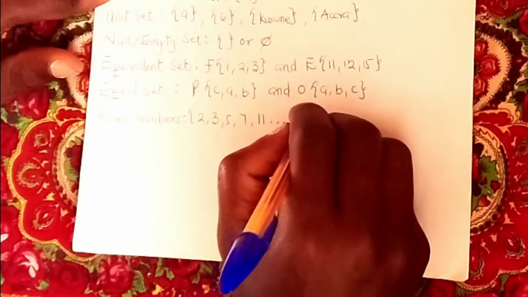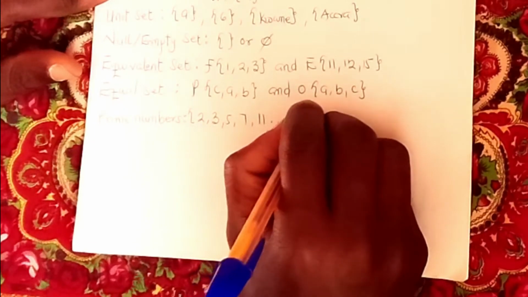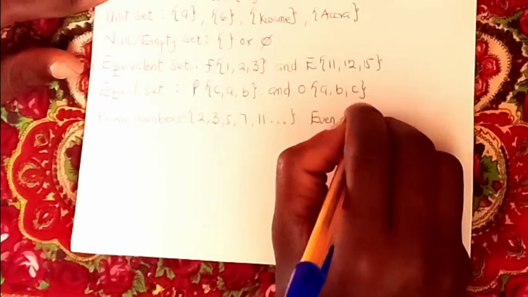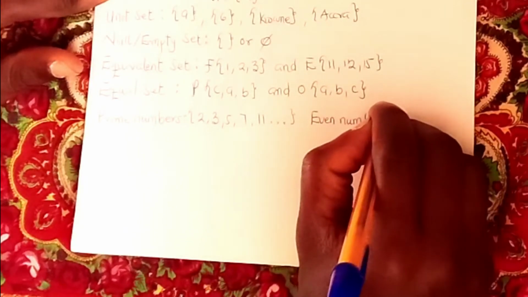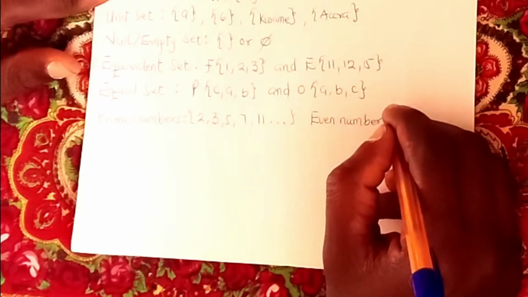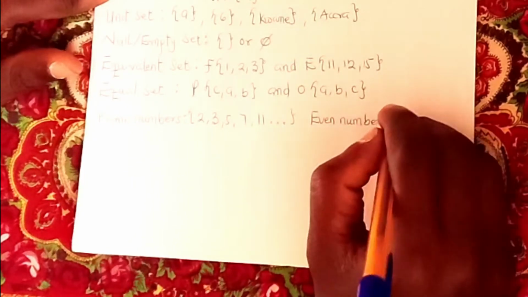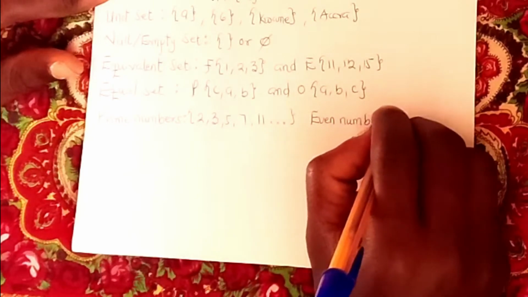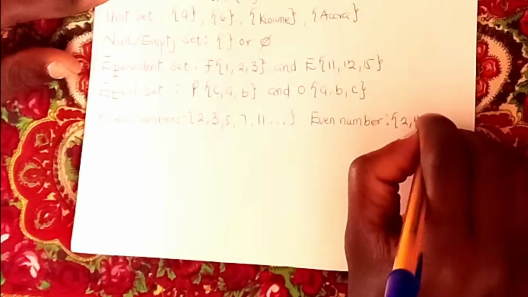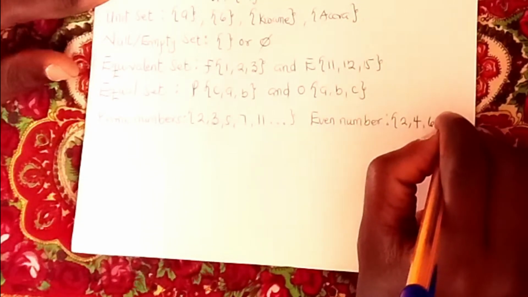The next is an even number. An even number is any number that can be divisible by 2. Therefore, we have examples to be 2, 4, 6, 8, and so on.